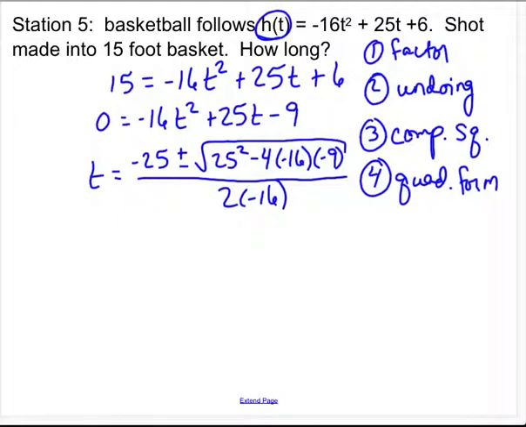Some of you like to simplify before you plug the numbers into your calculator. I type all of this into my calculator at once. I just use a bunch of parentheses. So my first set of parentheses, I need around the entire numerator.